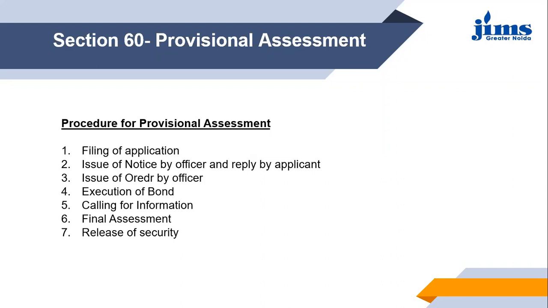Then after this permission for provisional assessment, the process for final assessment goes on. If for the final assessment there is any information that needs to be furnished by the taxpayer, then he needs to furnish that information, and accordingly the final assessment will be done. And once the final assessment is done, the taxpayer is responsible to pay the taxes.